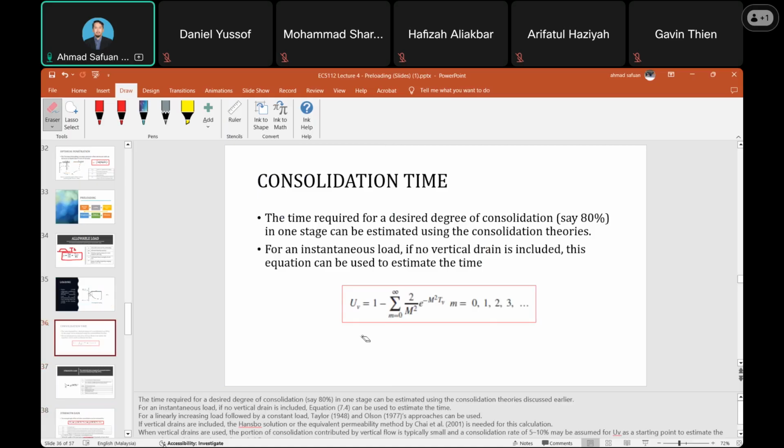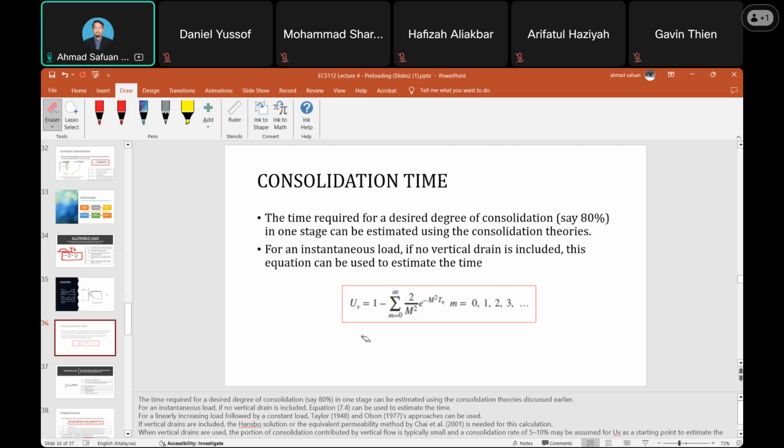For an instantaneous load, if no vertical drain is included, this equation can be used to estimate the time. This is the common type of equation without vertical drains.